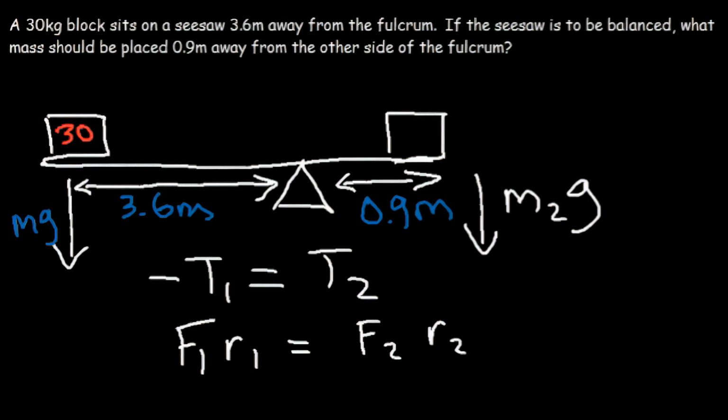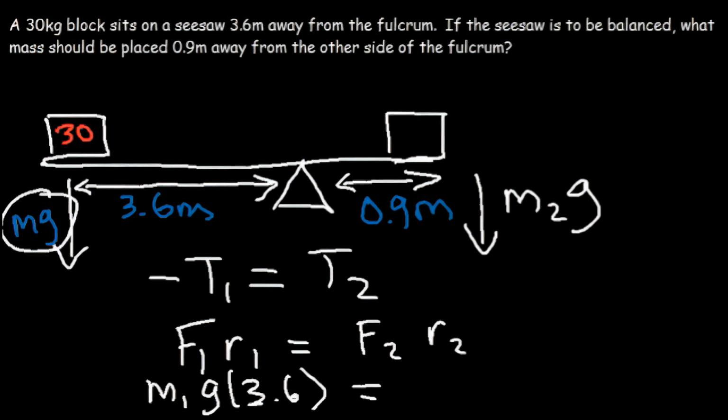Now F1 is the weight force mg, so let's call it m1g. R1 is 3.6. F2 is m2g times R2, which is 0.9. Now we can cancel g if we divide both sides by g. So m1r1 equals m2r2.